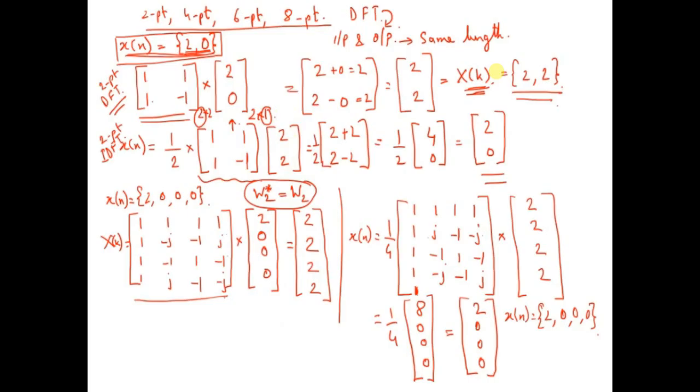Next, let us take a signal. The signal xn is given by 2, 0. Basically xn equals 2. It is a signal with only one value: at the 0th instance, we have a value of 2.